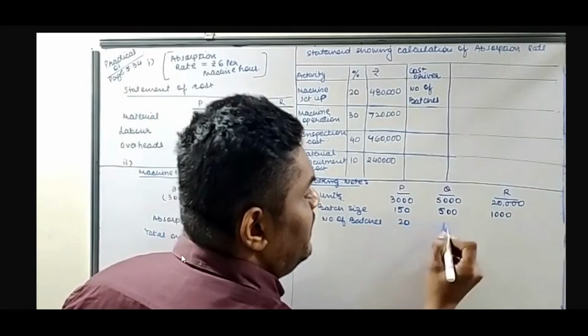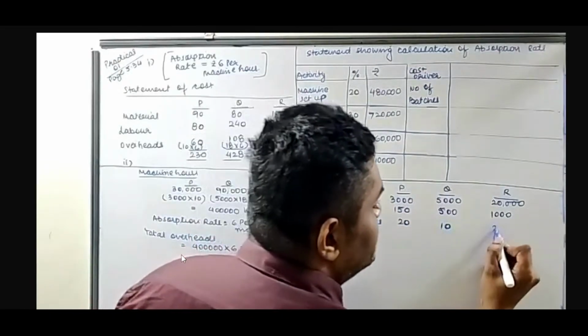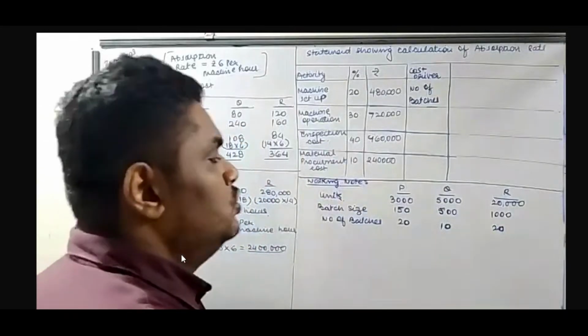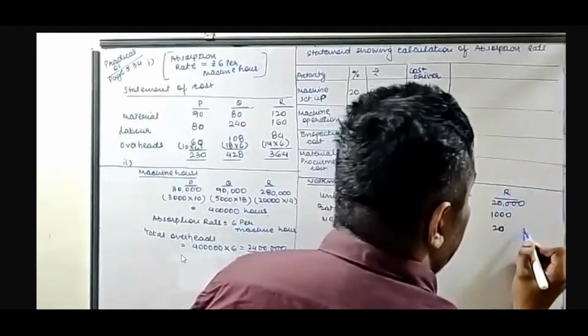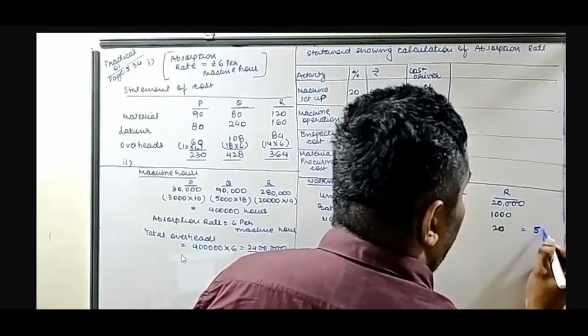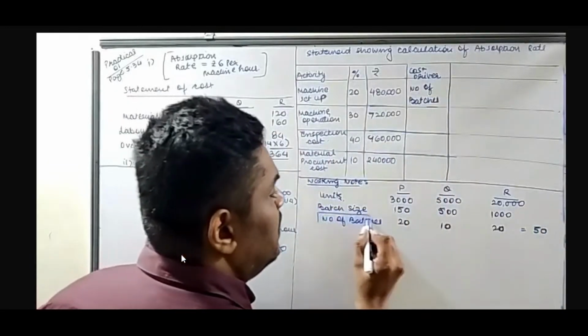This will be 20, this will be 10, and this will be 20. So the total number of batches will be 50 batches. So this part is the key.